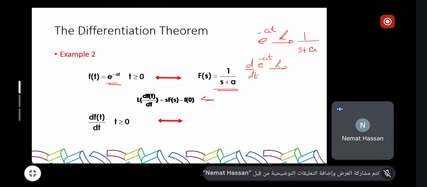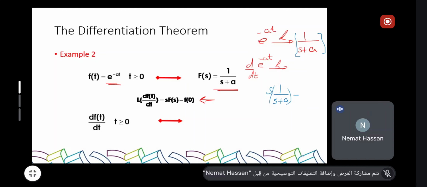This is the formula, right? So it is equal to s f of s minus f of 0, right? This over here is f of s. I'm already given that this is f of s, the Laplace transform. So s times 1 over s plus a, correct?